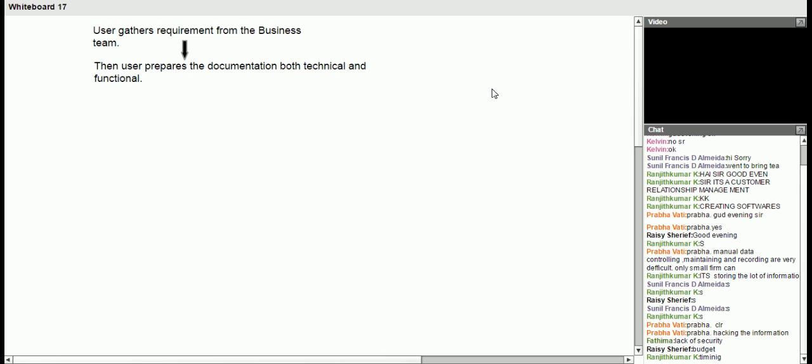Then the user gives this document to software developers for developing the desired software.